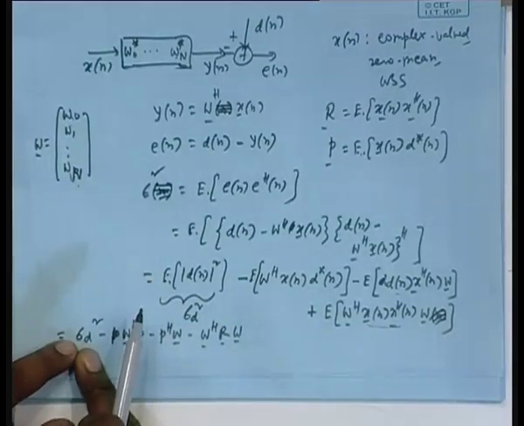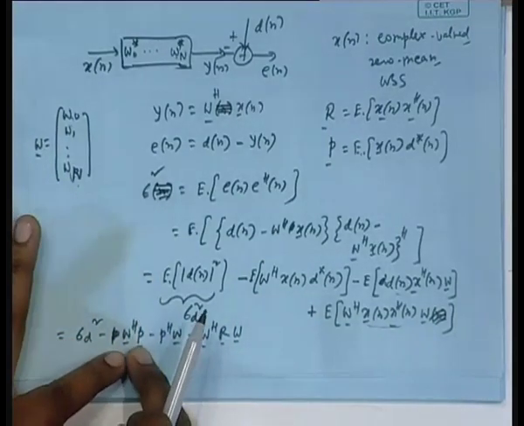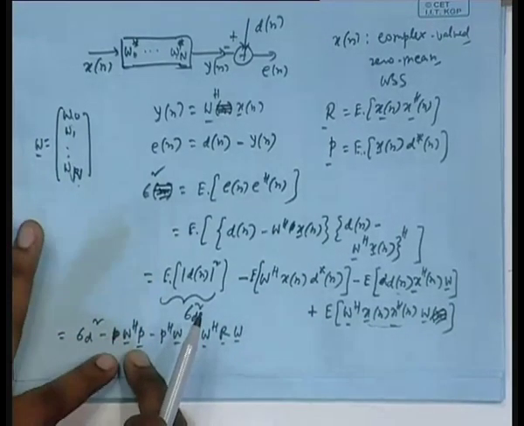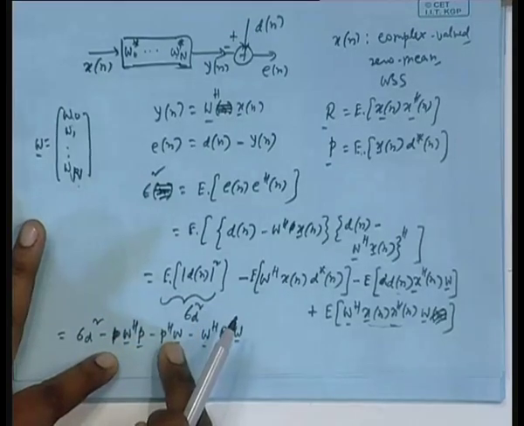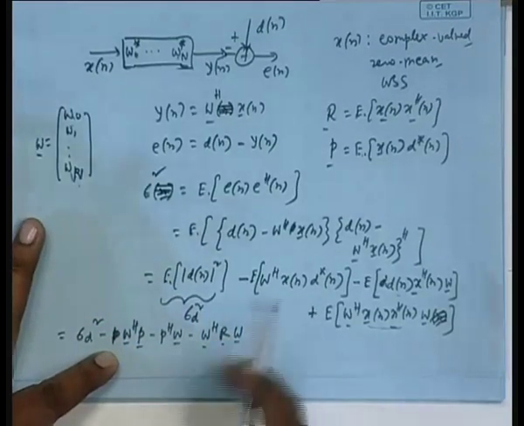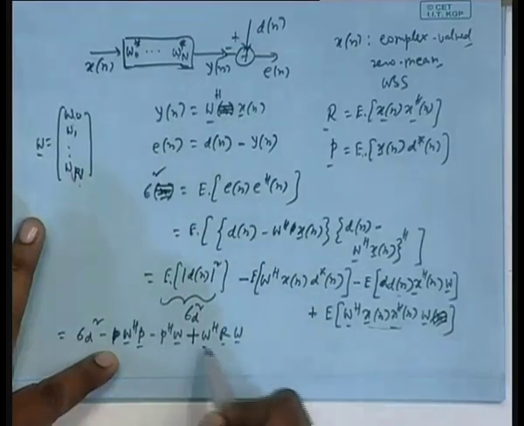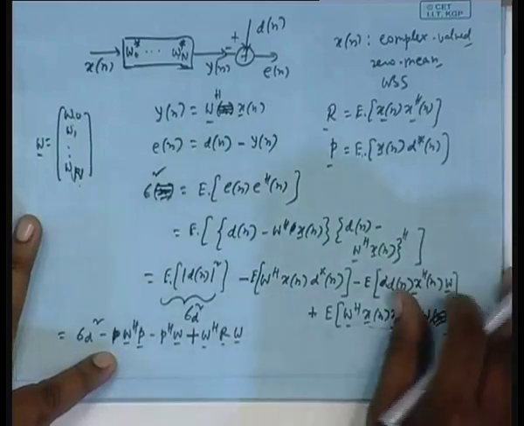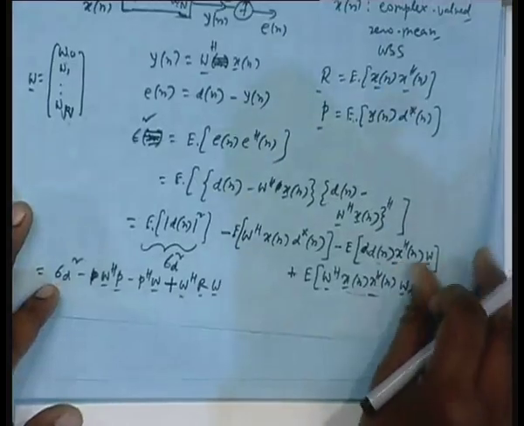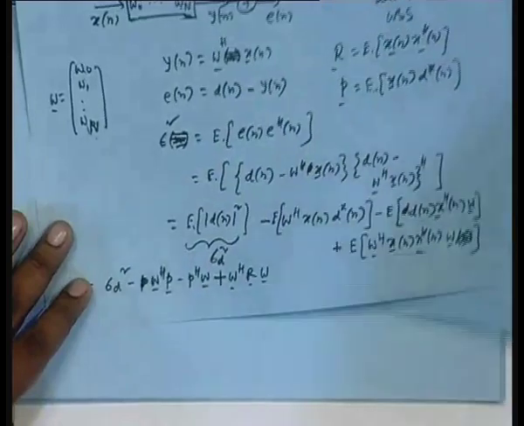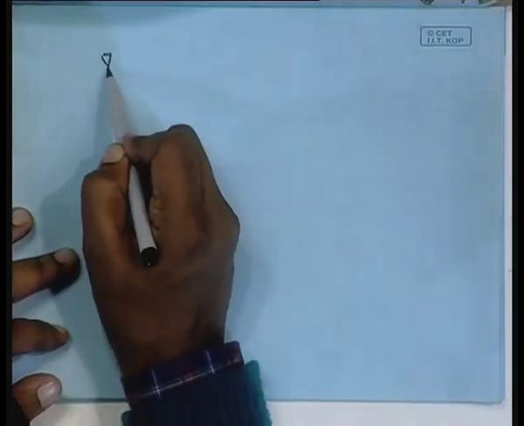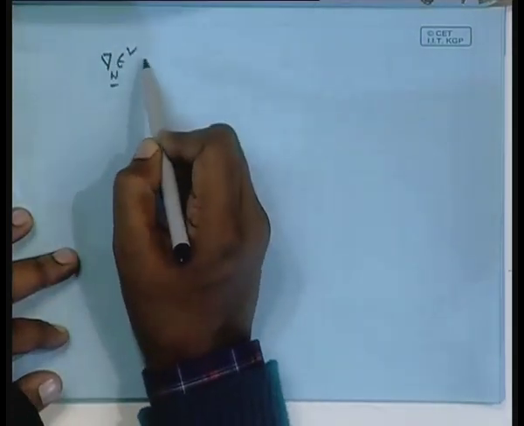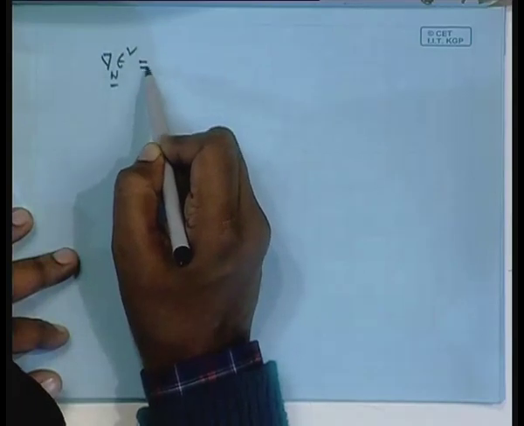This will go independent of w. This is giving rise to 2p, isn't it? This is giving rise to 0. And this is plus, this is giving rise to twice R w. That is equal to 0. That means it will give rise to what?